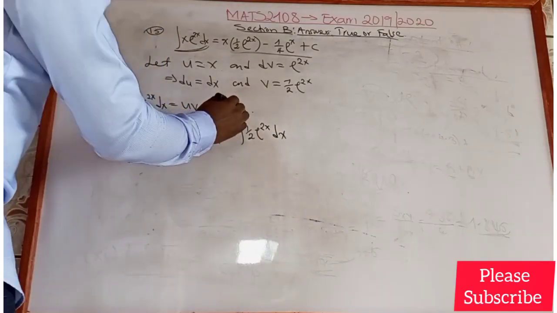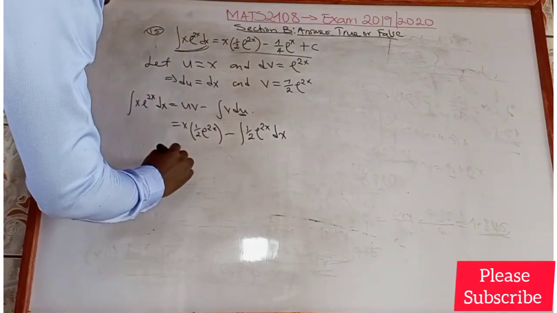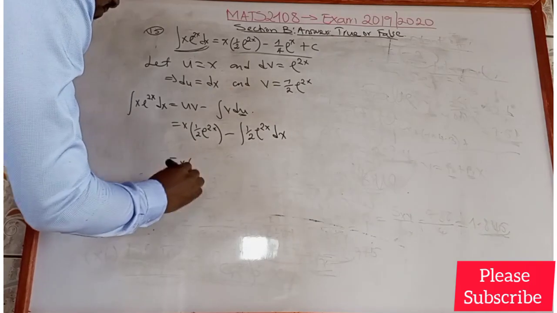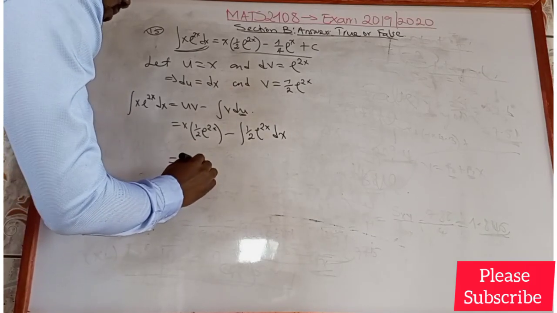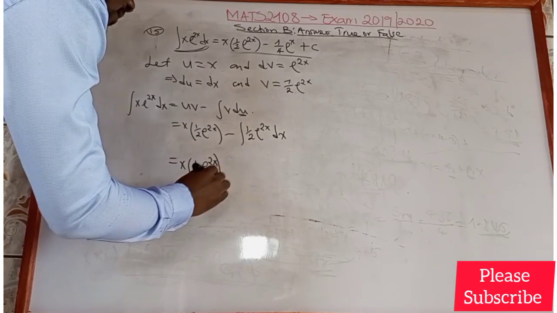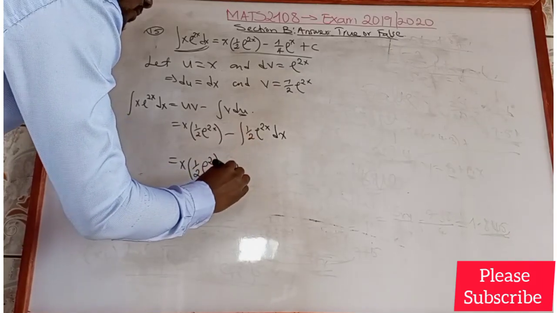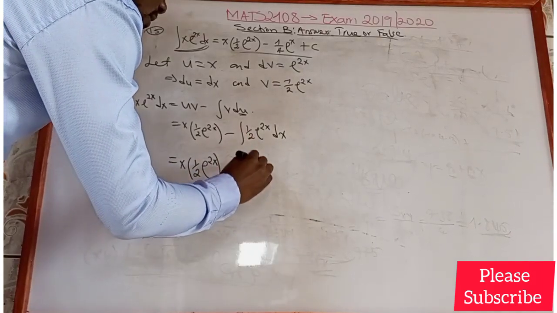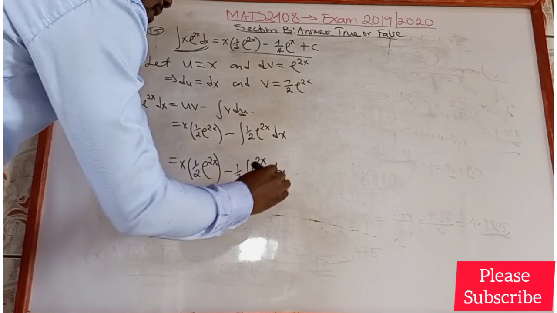That's our du is dx. Simplifying this, it gives us x times 1/2 e to the 2x minus, I take this out, 1/2 times the integral of e to the 2x dx.